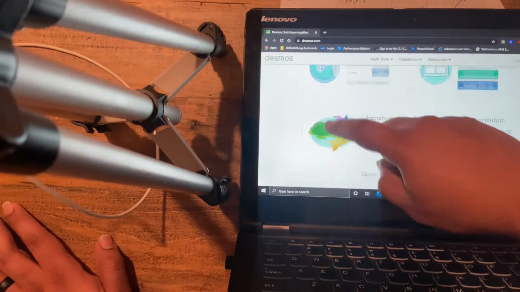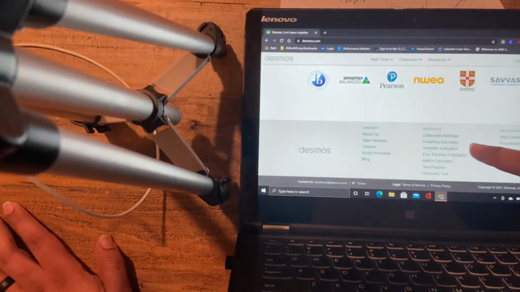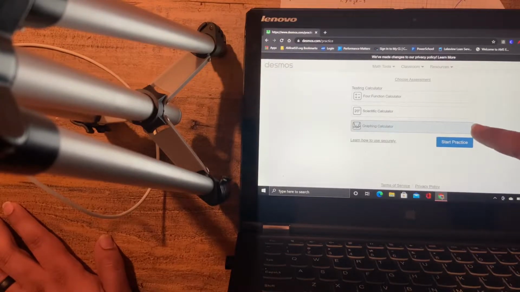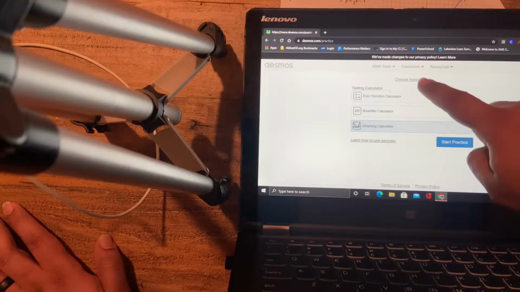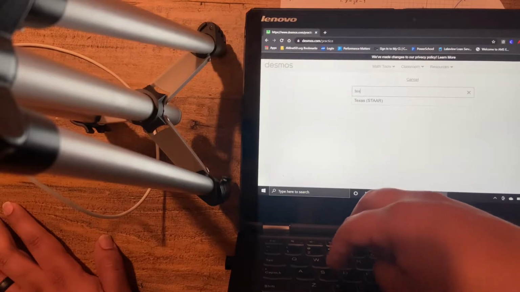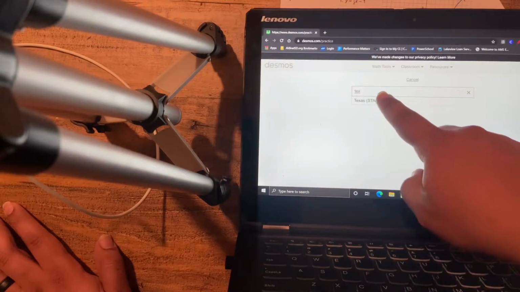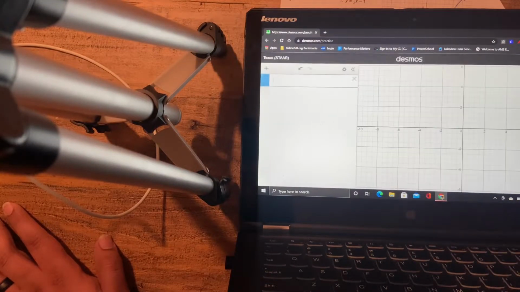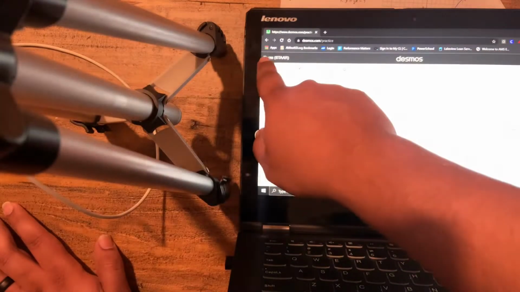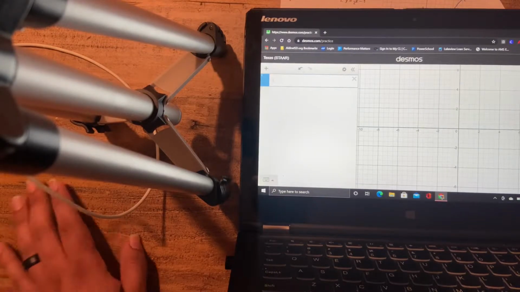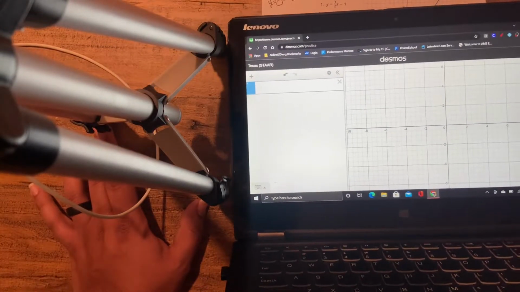You must scroll down to the very bottom. Right here, you're going to see Test Practice. You click that. Before you do anything with the Graphing Calculator, you must choose Assessment. You're going to put Texas, and you should see Texas Star pop up. Now you're ready to go. Make sure you're on the bottom one. Click Start, and you should see Texas Star. This is to make sure you're using the correct Desmos, because obviously we don't want you to be at a disadvantage the day of the test.